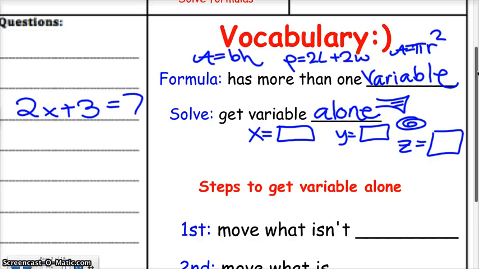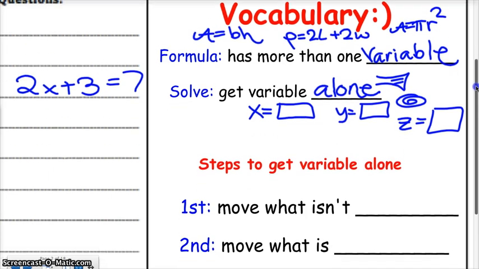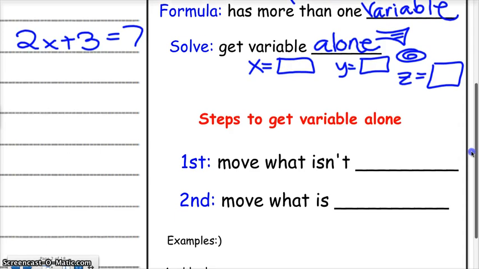What would you move first? The 3. And what would you move second? The 2. If you feel confident with that, you've got today's lesson. It just looks more intense. If you know the first thing you would do with that two-stepper is move that 3, and secondly, move that 2, you are in good standing.